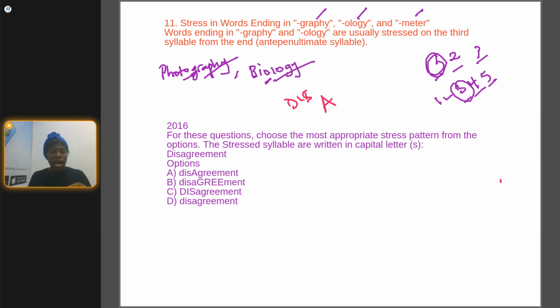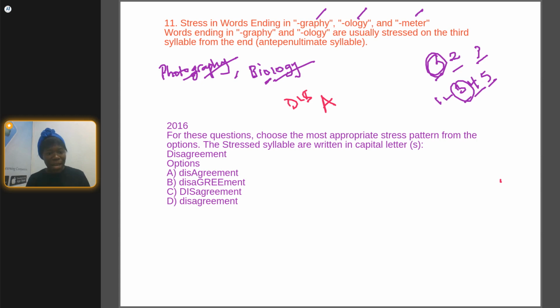Now in agree, how do we choose the stressed syllable? Because agree has two syllables, it means one of the syllables in the root word has the stress. So which one has the stress? Agree is a verb, and another rule talks about the verb.